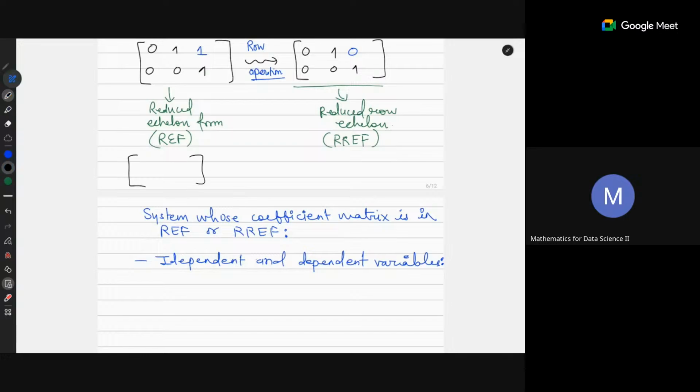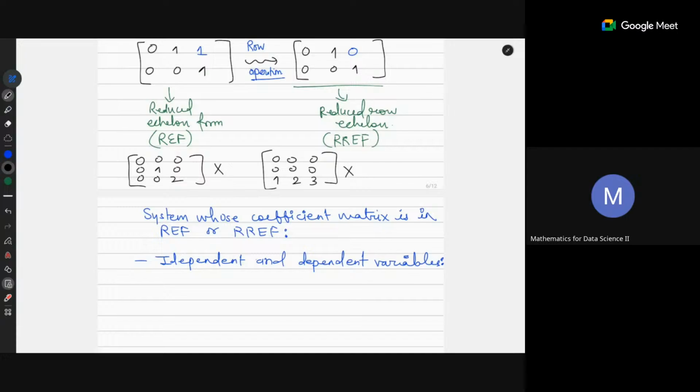This is not allowed. This is not allowed. All the 0 rows go below; non-zero rows cannot be below a 0 row. All right. A lot of questions.